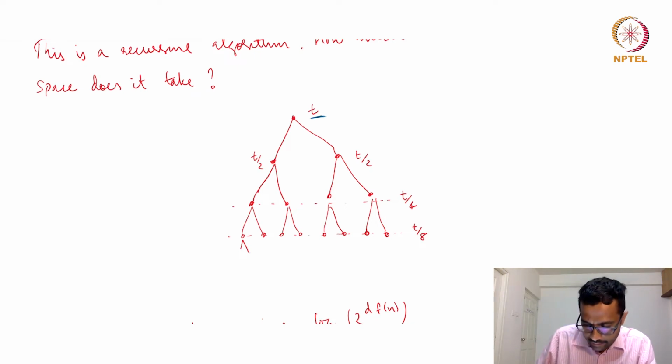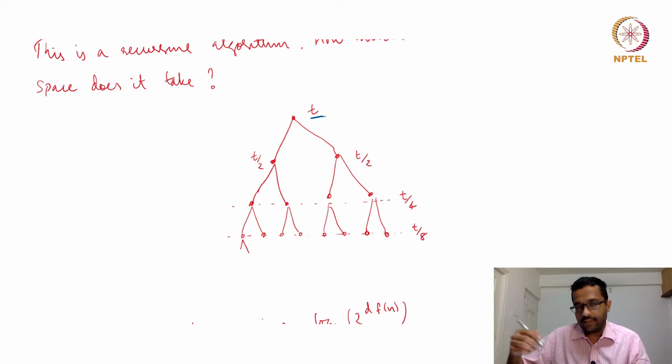In the second call, we are checking whether from v1 to w there is a path of length at most t by 2, and w to v2 there is a path of length at most t divided by 2, and so on. Each of these calls makes further calls, where we are checking paths of length t divided by 4, and further calls of length t divided by 8. So now how big is this tree, right?